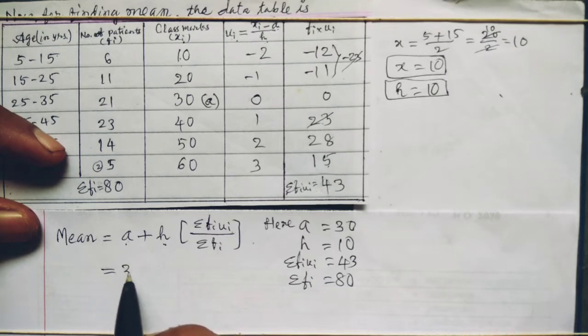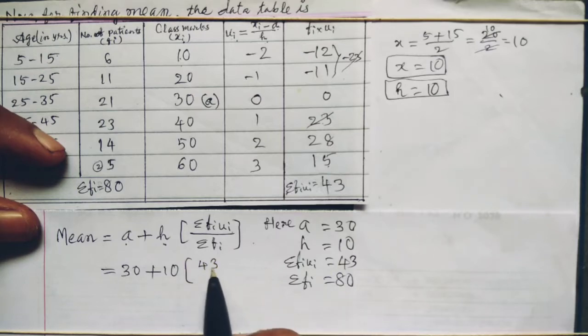A is 30, h is 10 into 43 by 80. 0 and 0 get cancelled. 30 plus 43 by 8.